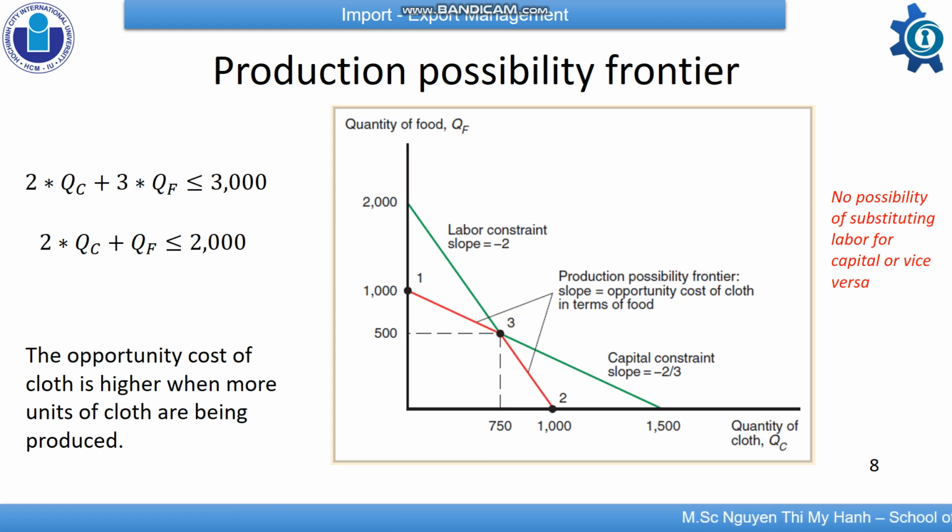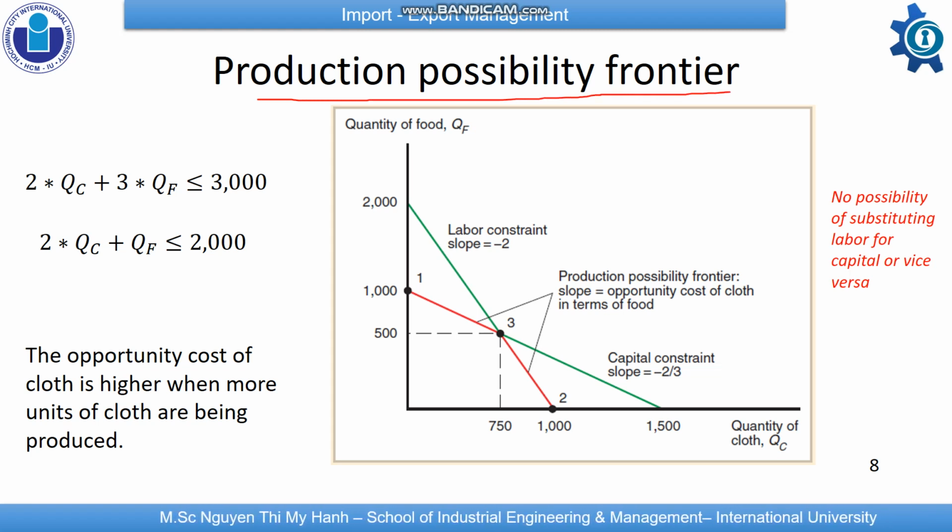And based on the constraints, we will construct the PPF line. So the same as last lesson, we just make the less than or equal become equal. So we have the limitation.